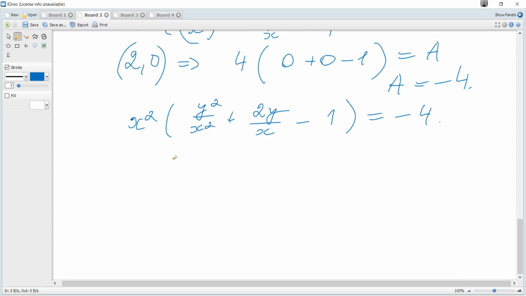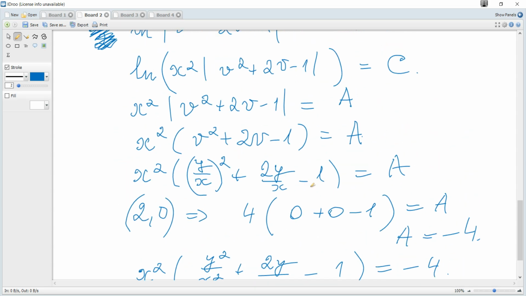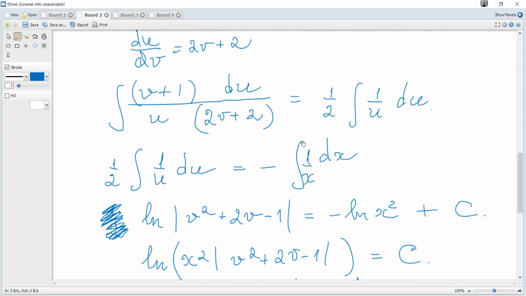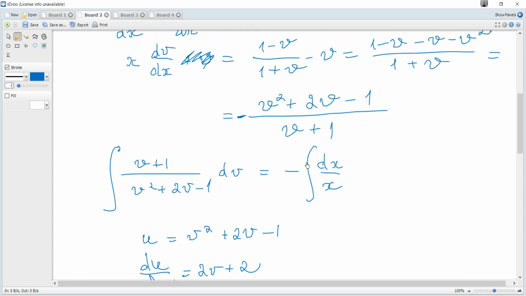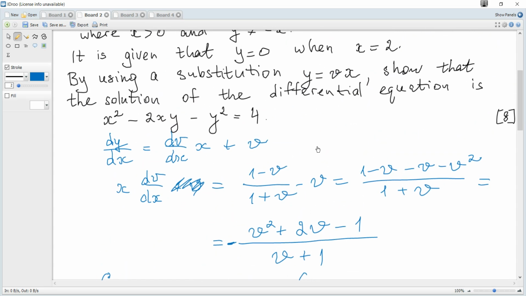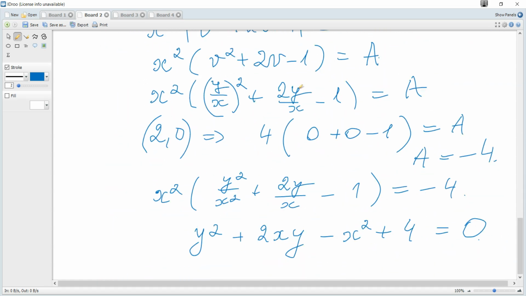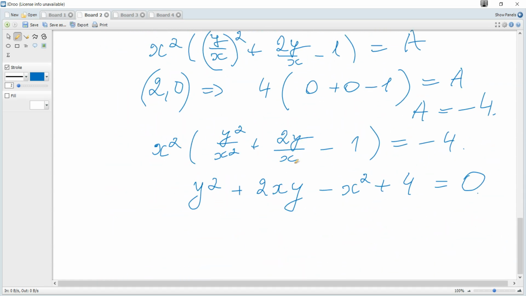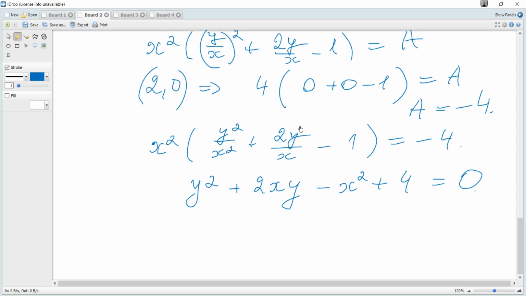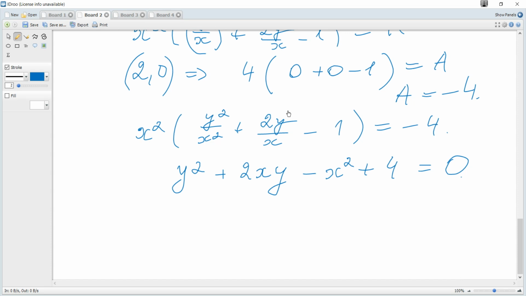Definitely let's expand, so it becomes y squared plus 2xy minus x squared plus 4 is 0. Yes, let's just rearrange.